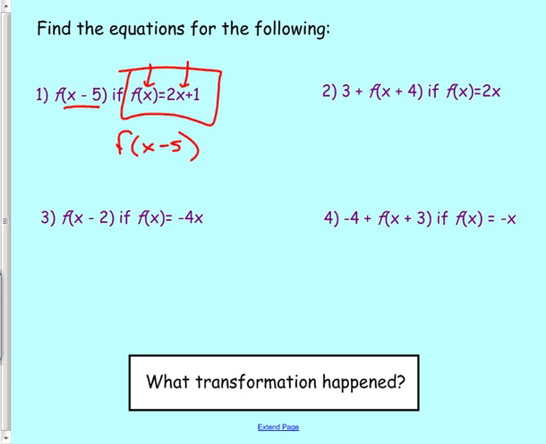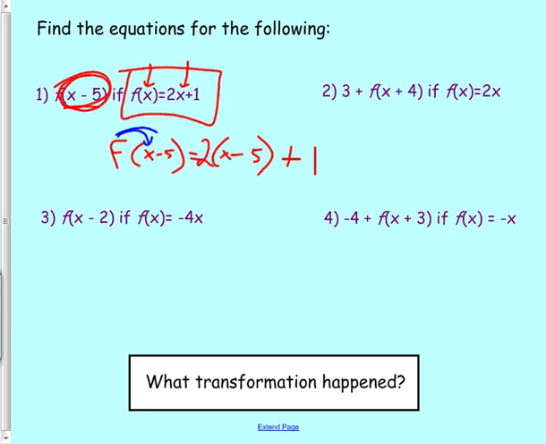So my best advice on this kind of a problem is to rewrite it with empty spots where the x's are. 2 times empty spot plus 1. And then drop in whatever they're telling you to drop in. They're telling me to drop in x minus 5, so I'm going to put x minus 5 and x minus 5. And now if you think of this like a big equation, it seems like you should distribute the f out. Don't ever do that. This is f of x minus 5.